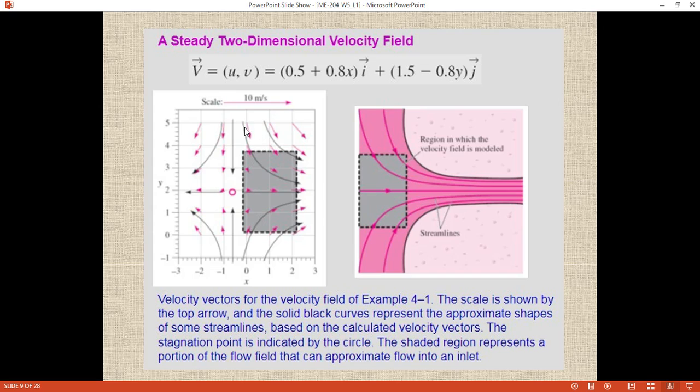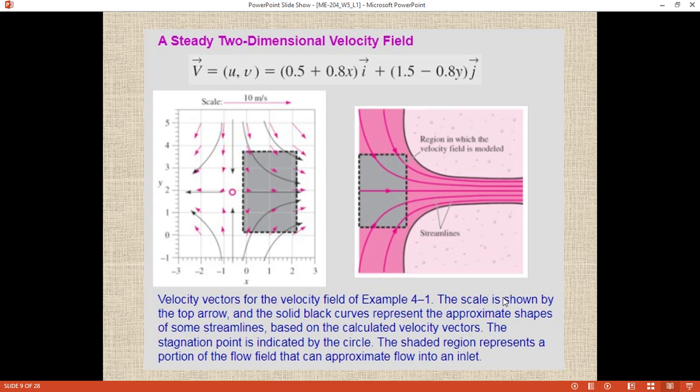Okay, so if you plot different points like this, x equals this, y equals this, then you will get a line, and then again a second and third line in this way. Let's see what these lines are indicating. These are the velocity vectors for the velocity field of example 4-1.